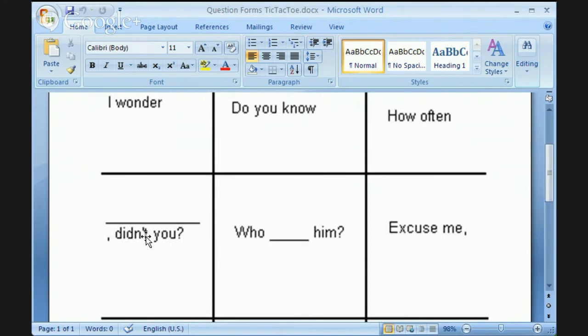Ruben, of course, this question with the tag, by the way, the part you see here, didn't you, is referred to as the tag. Okay, another quick note about these tag questions. Normally, you're going to have a statement and then a tag. The question part is in the tag.